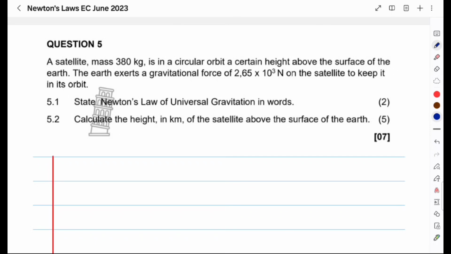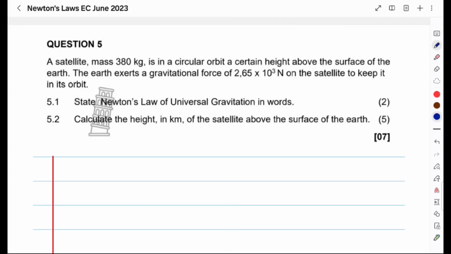So please keep in mind that we have this satellite that is moving in a circular orbit, meaning it is moving around the Earth. And the gravitational force, our value of F in our universal gravitational formula, is 2.65 times 10 to the power 3 newtons.